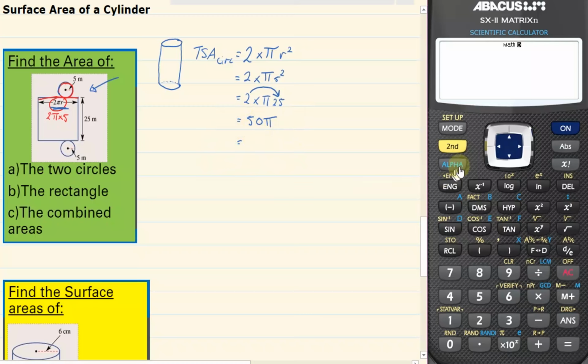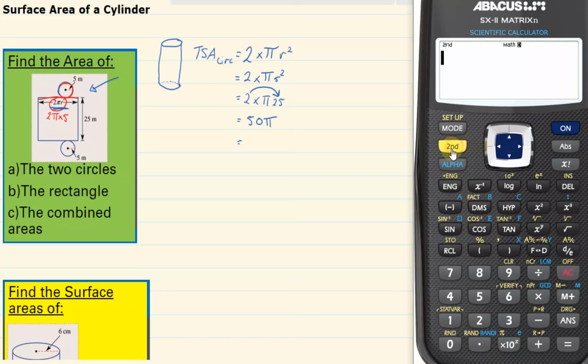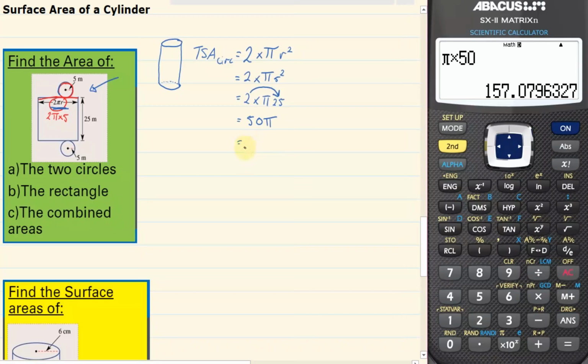But for us, I'm going to go over to our calculator here and go pi times 50. Get myself an answer. Just going to take it to one decimal place. I'll round it to 157.1. And that is the area of our two circles.